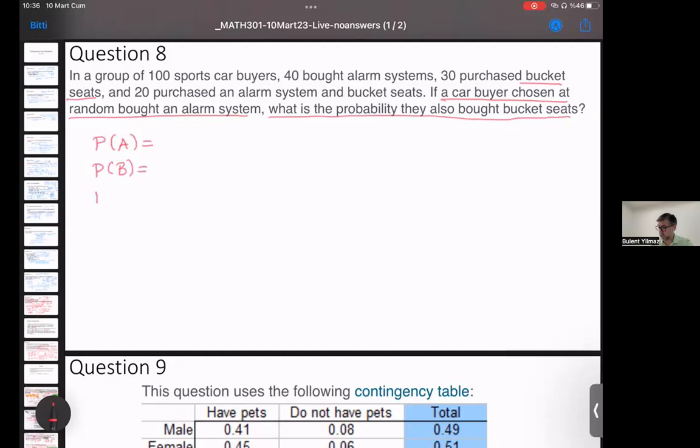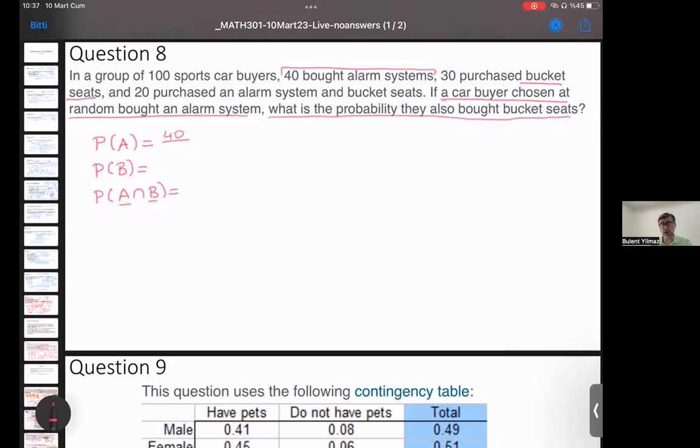What is the probability of a person buying an alarm system and bucket seat? I want you to give me those 3 probabilities. One of them is 40 over 100.